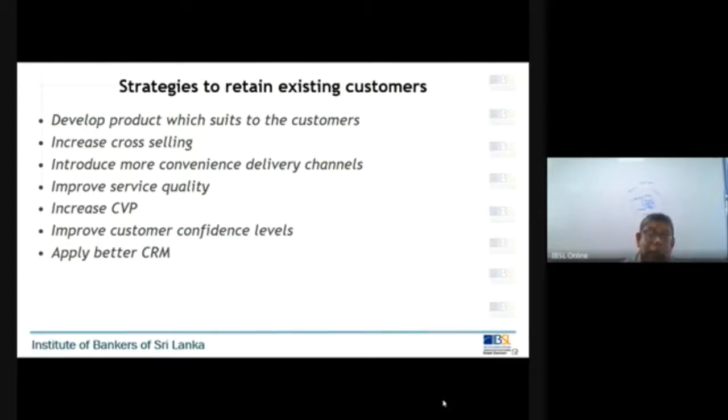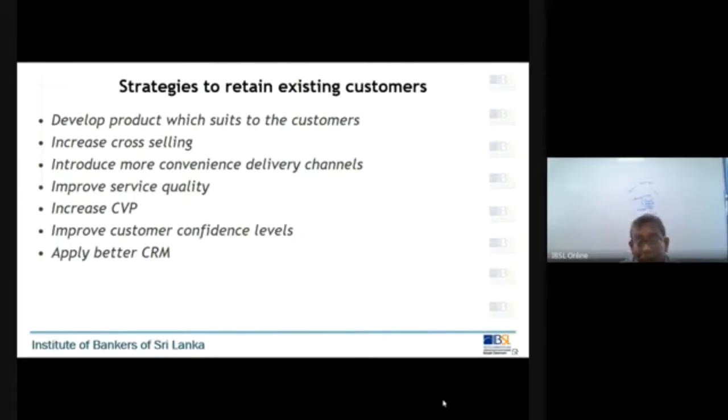So in marketing, and especially for banking, it is very important to keep your existing customers with you. Why? Because the existing customers bring more profits to your bank, right? And also getting new customers is very costly.